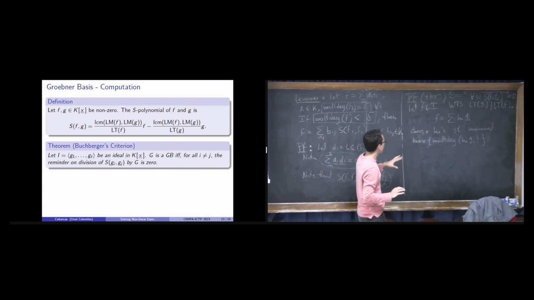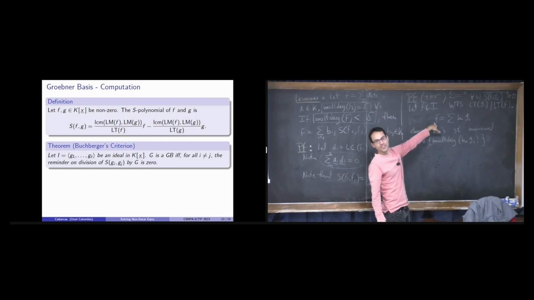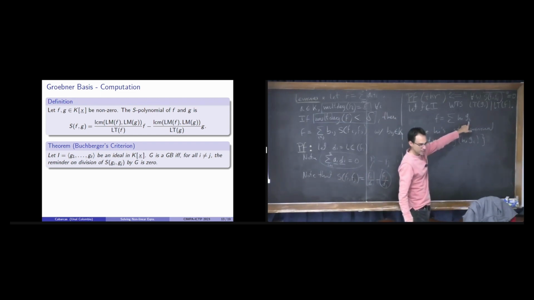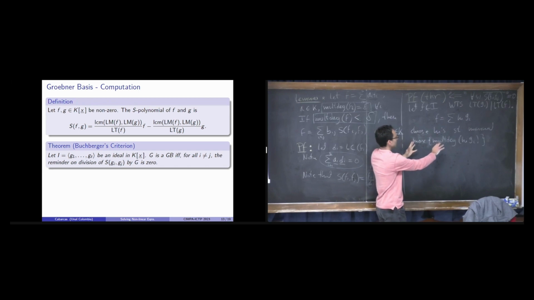So if this max multi-degree of the H_i G_i is equal to the multi-degree of F, we're done. Because that means that there's some leading term of G_i that divides the leading term of F. So the interesting case is when this is larger, when there's cancellation happening.